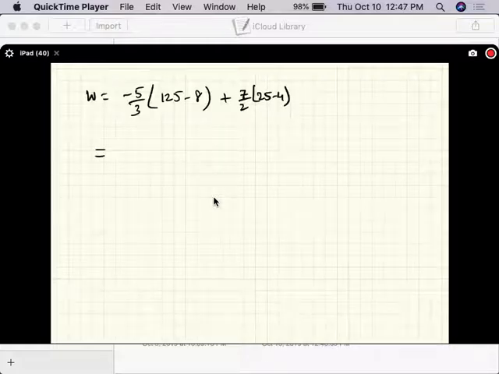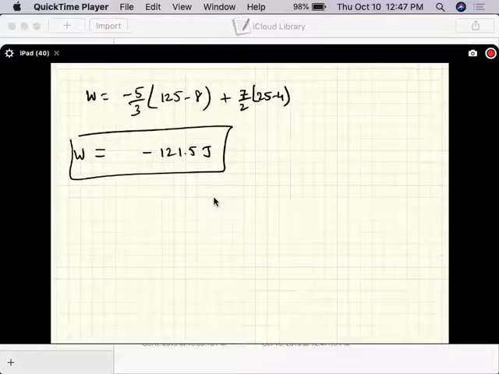Okay, and so this works out to minus 105, 21.5 joules.